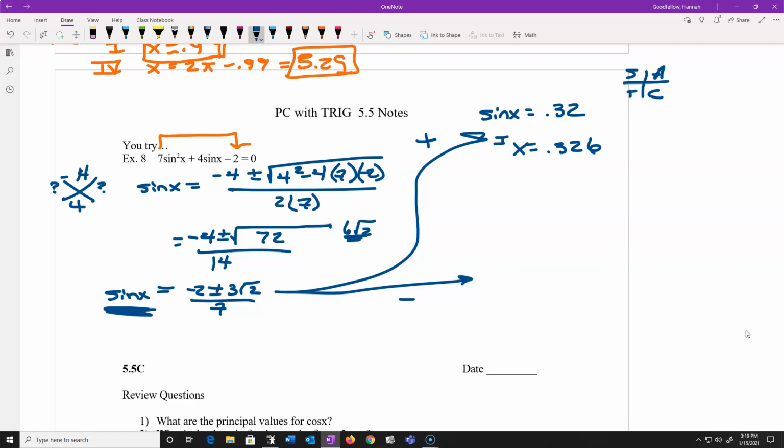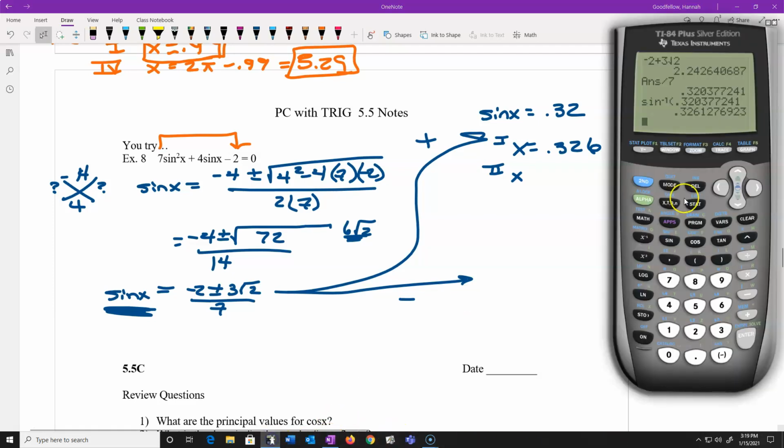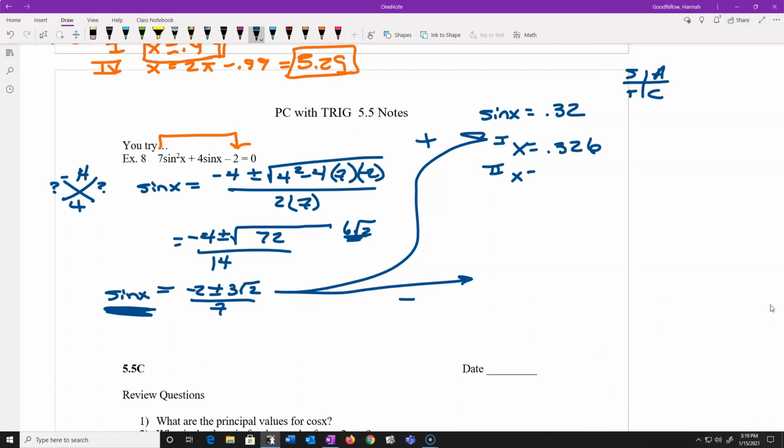Since this is a reference angle in the first quadrant, the second one is going to have the same reference angle, so I would subtract it from pi. On my calculator, I'd go pi minus this amount, which is the reference angle, and I'd get the other one, which is 2.81. Okay? Awesome. You've got your two answers to start out with.